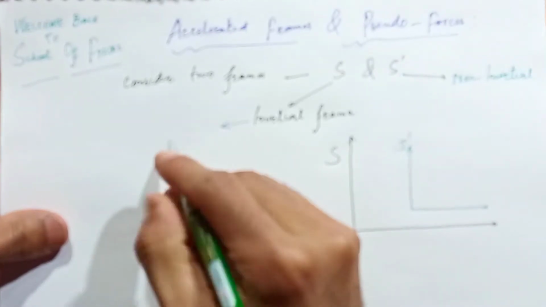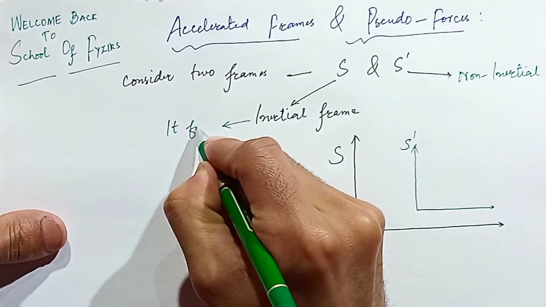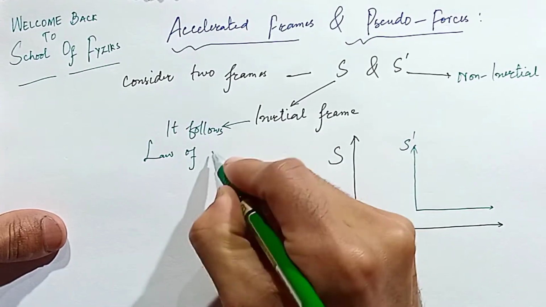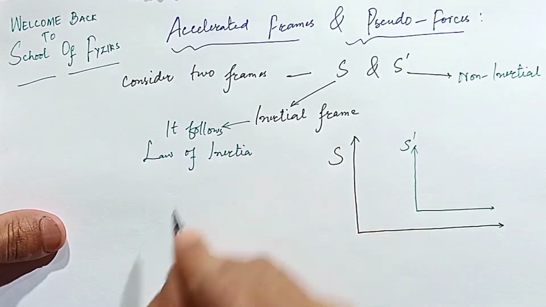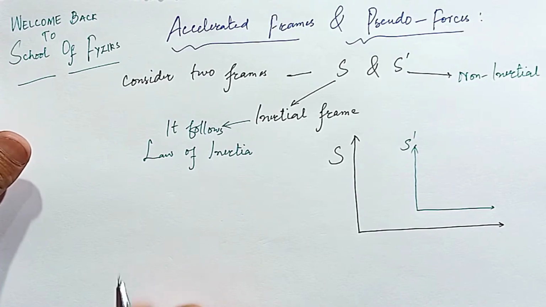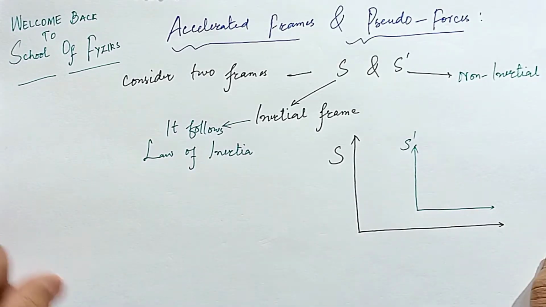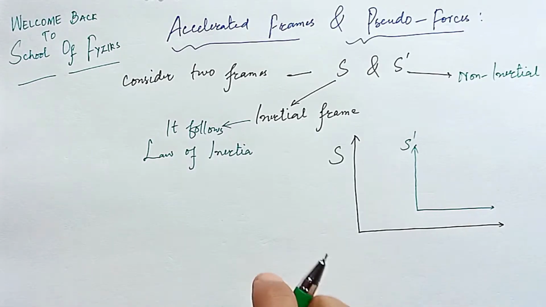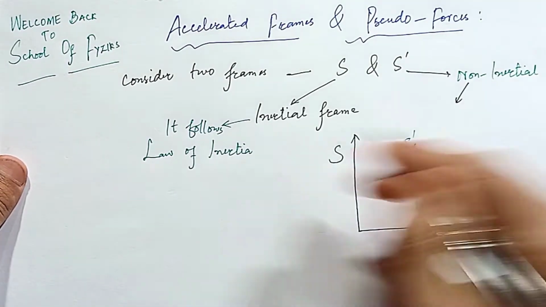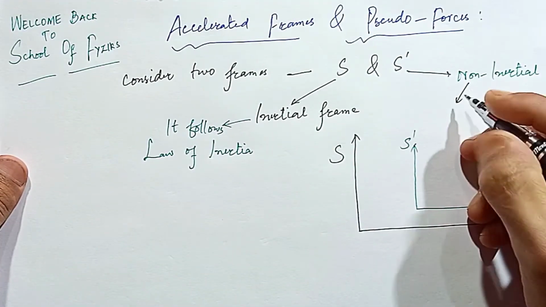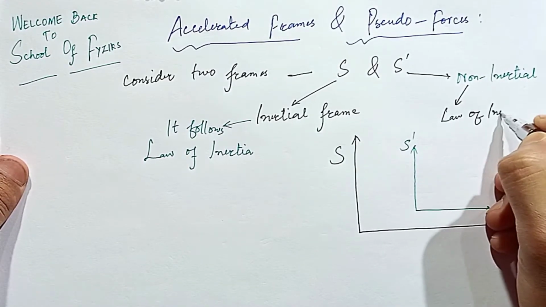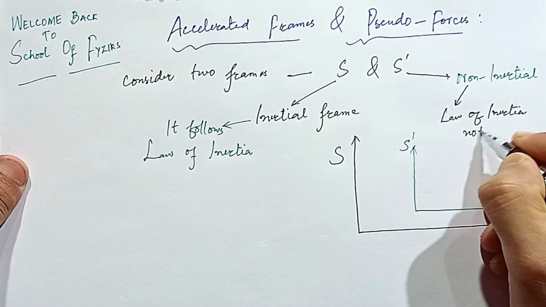That means simply this frame of reference follows the law of inertia, as you have already seen in the first few lectures. In the non-inertial frame of reference, the law of inertia is not valid, not followed.